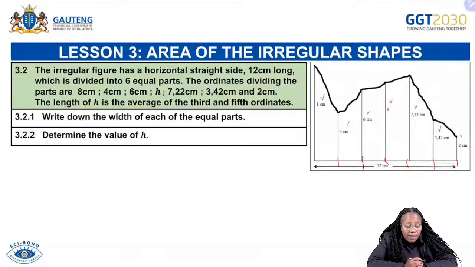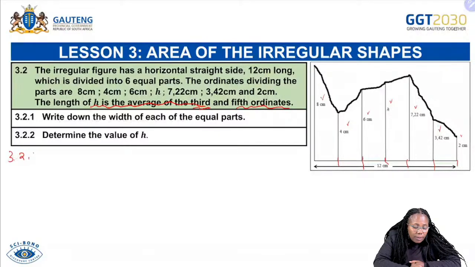And then now the length of H is the average of what? The third and the fifth ordinate. So now write down the width of each of the equal parts. 3.2.1, we need the width of the equal parts.